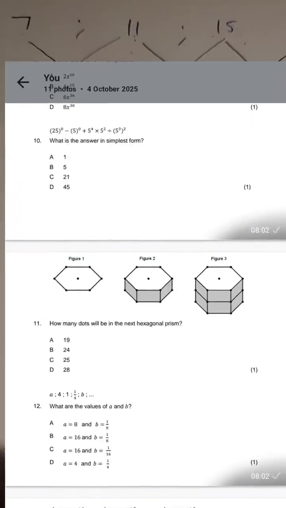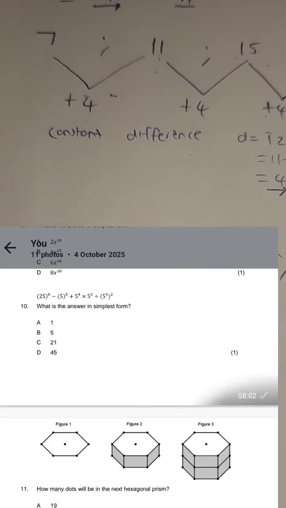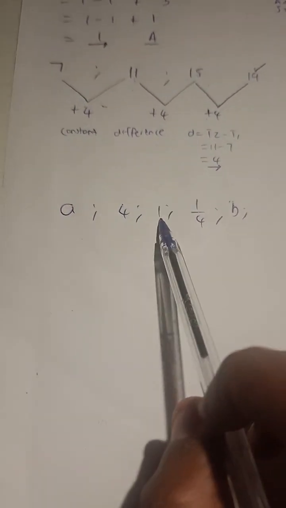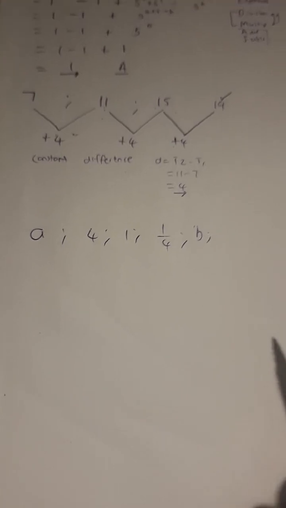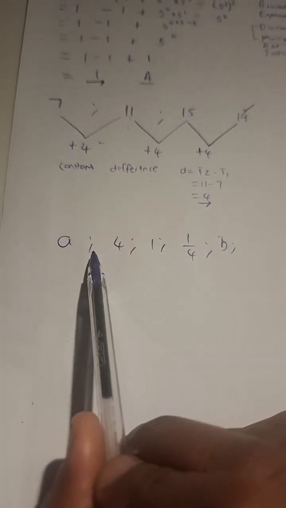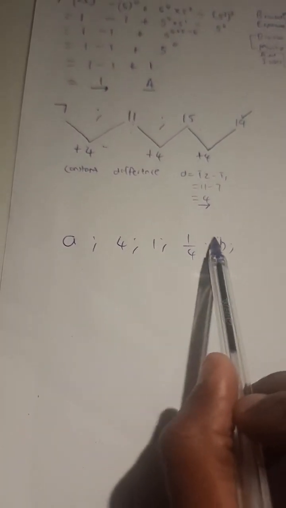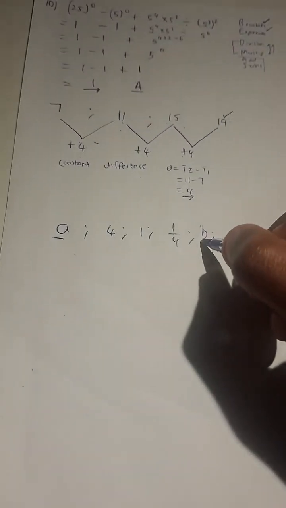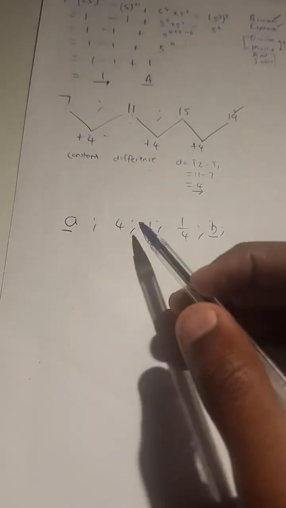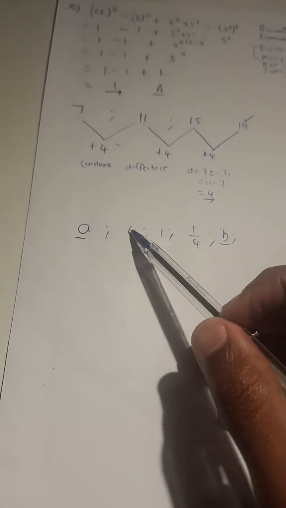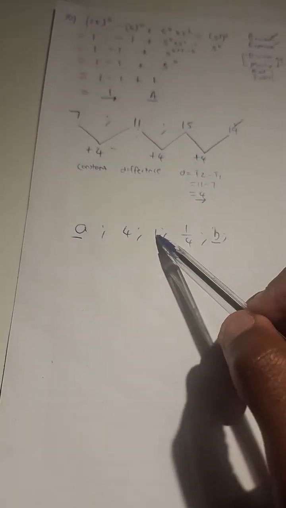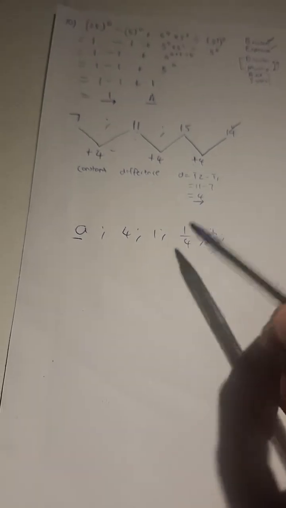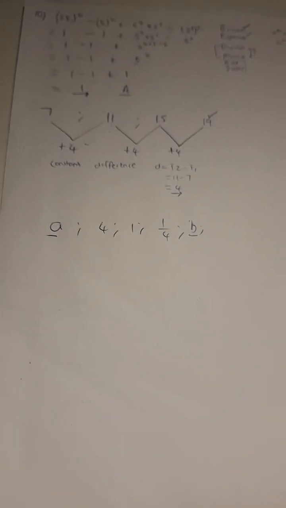Okay, so let us just for a moment remove this. So here we have it: A, 4, 1, 1 over 4 and B. Guys, it seems like there is a particular number pattern that we are seeing here. We want A and we want B. So let's first check what's happening here. From 4 to 1 and from 1 to 1 over 4. What type of pattern is this?